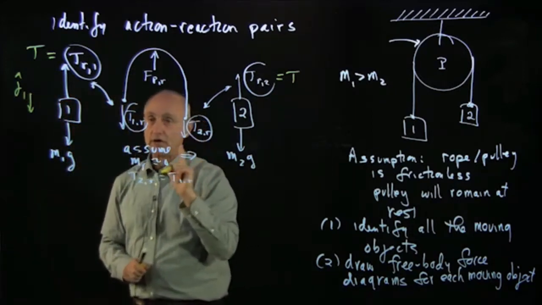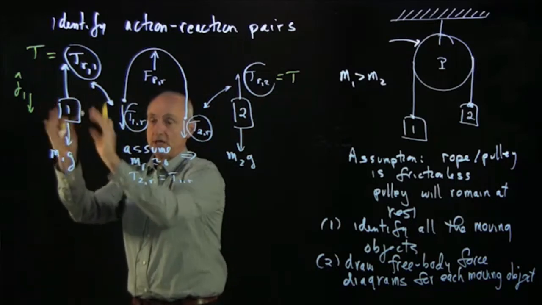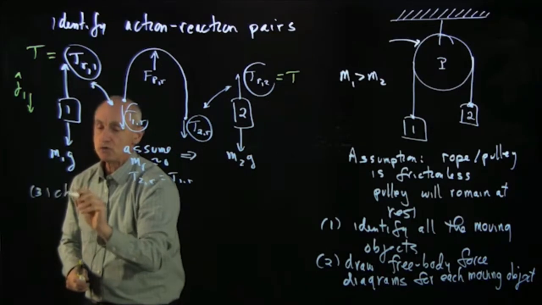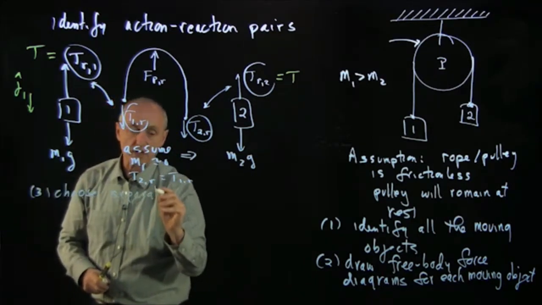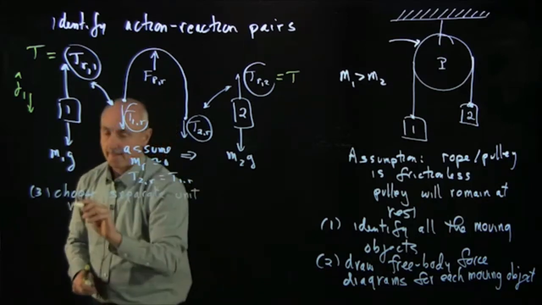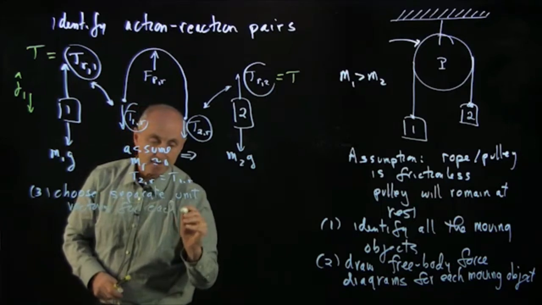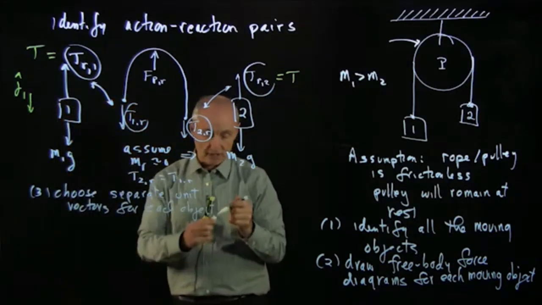Now, here is the very interesting thing. We choose a separate coordinate system for each object. So I'm going to write that down. We want to choose separate unit vectors for each object, and our accelerations will be with respect to those unit vectors.